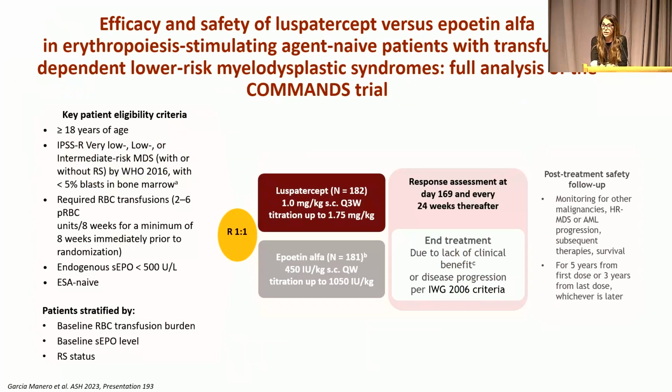Luspatercept was evaluated again in the COMMANDS trial compared with epoetin alpha in first line of therapy in all patients with myelodysplastic syndrome, low risk, transfusion dependent, naive. The disease assessment was performed every 24 weeks.